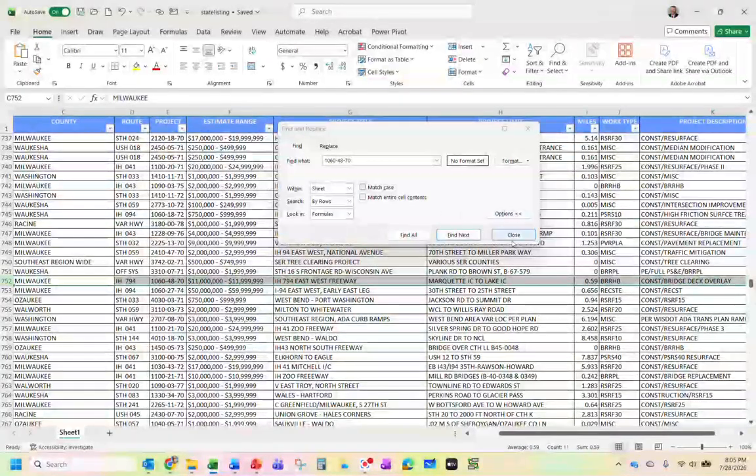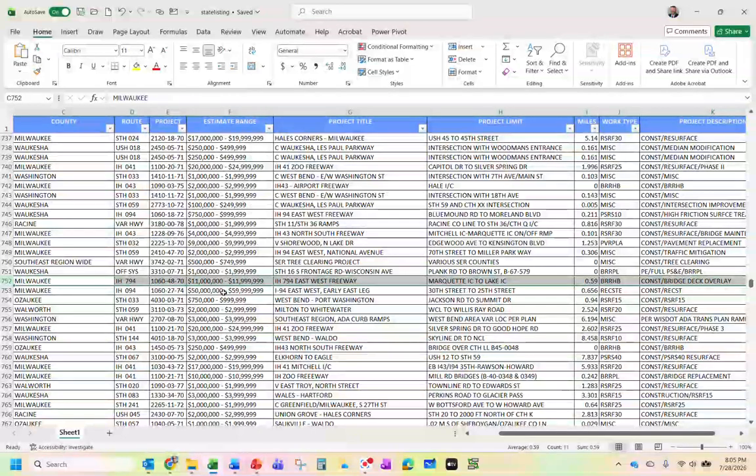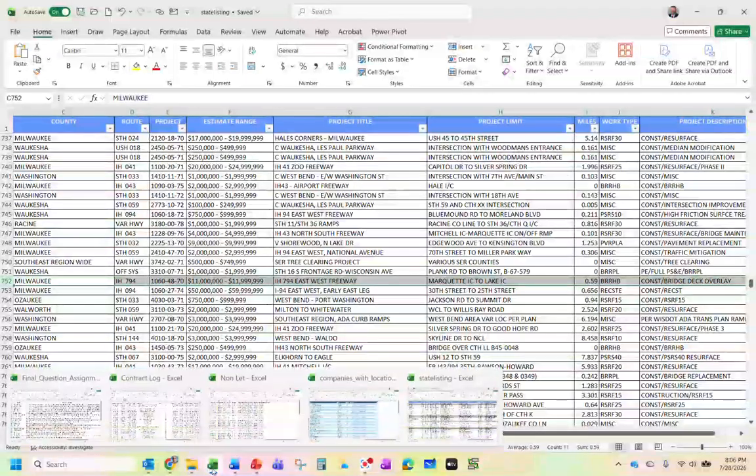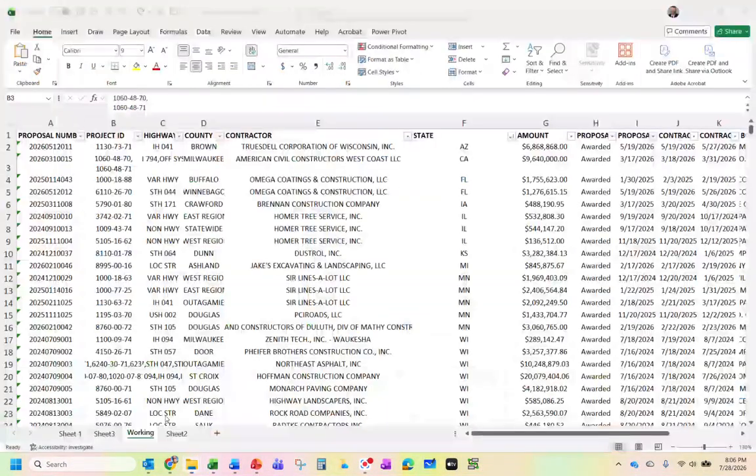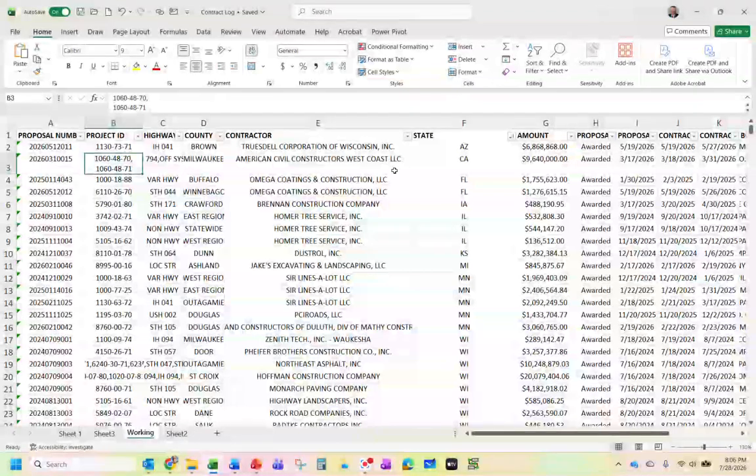So, close. This was originally 11. The estimate range was between 11 and $12 million. If I wanted to cross-reference that on the contract log right here, the actual amount was 9,600,000.